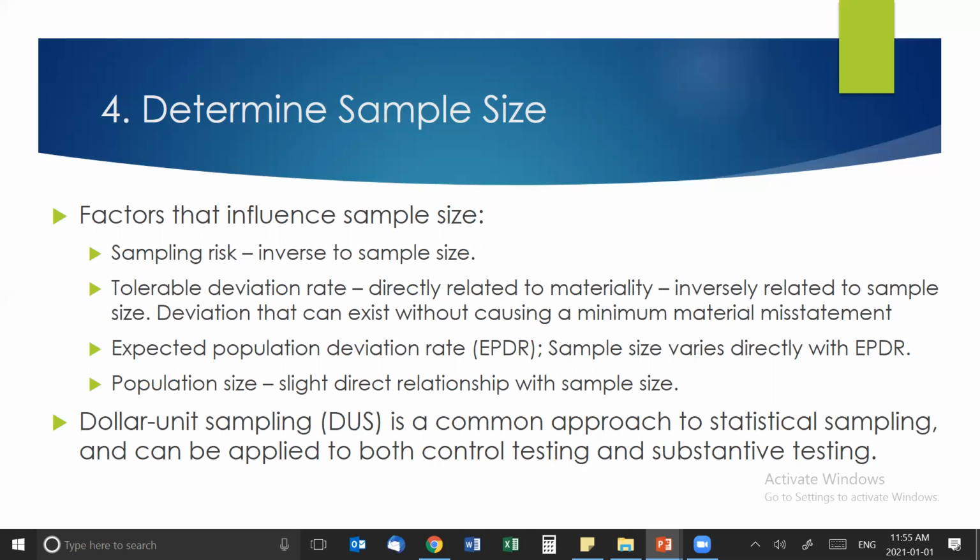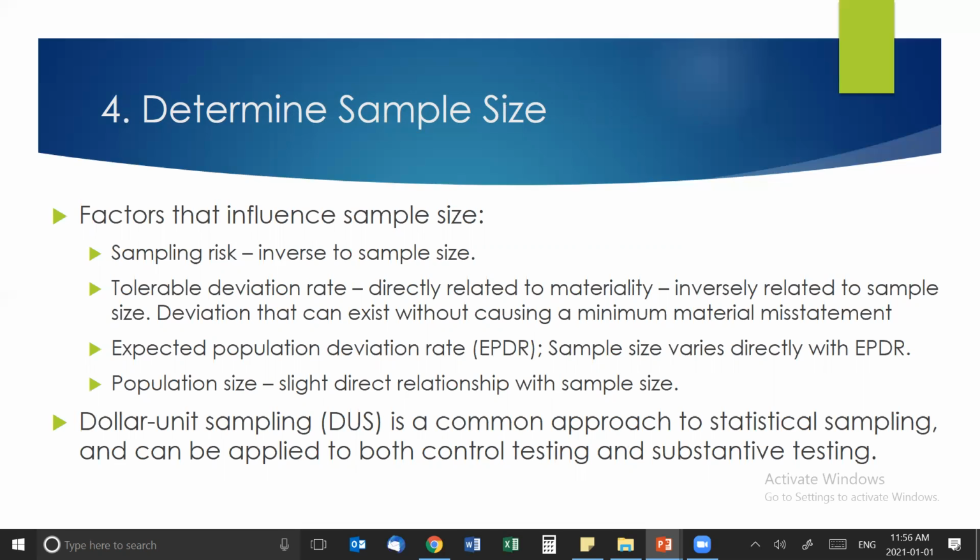It is basically the deviations that can exist without causing a material misstatement. So how much of a deviation or error is tolerable where it won't cause a material misstatement.